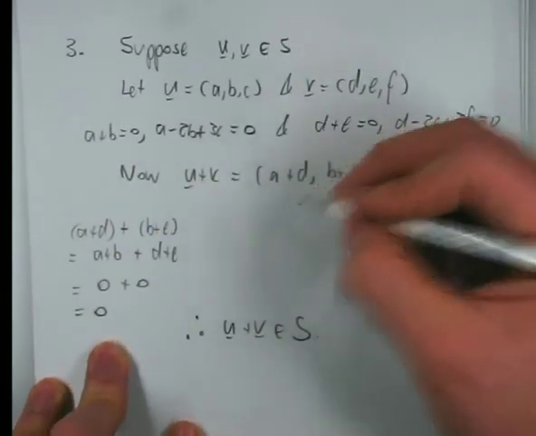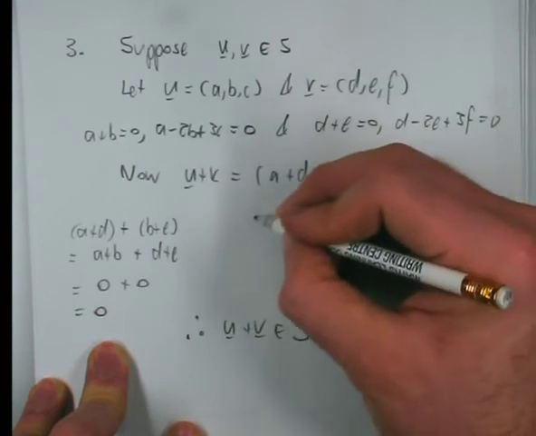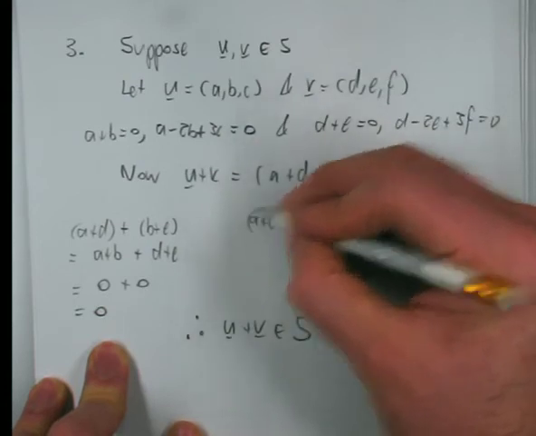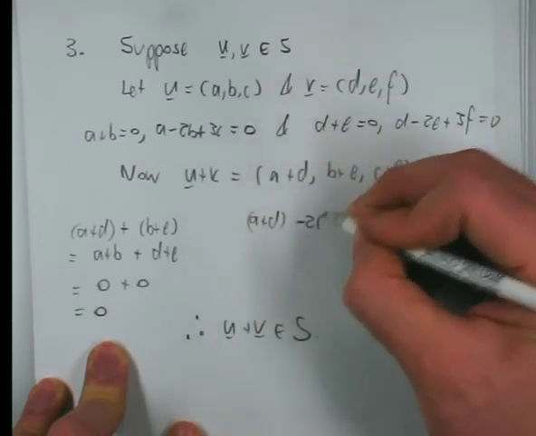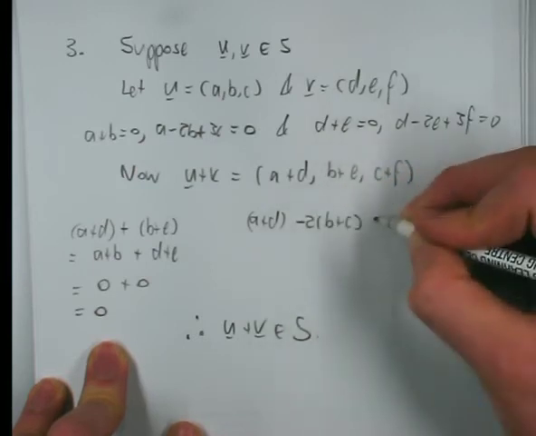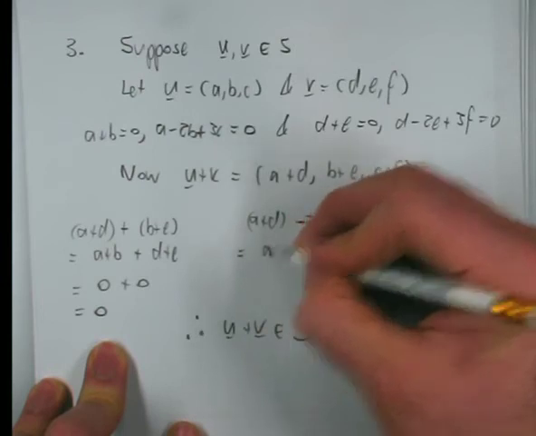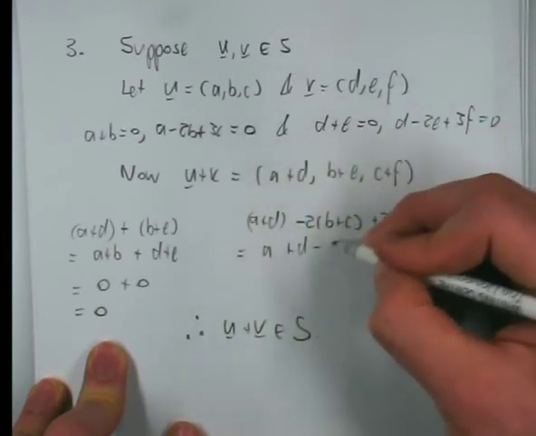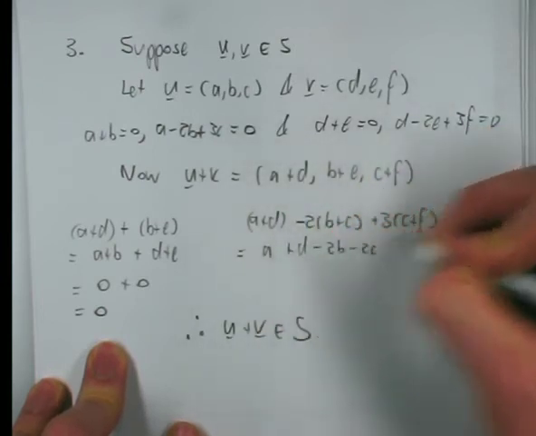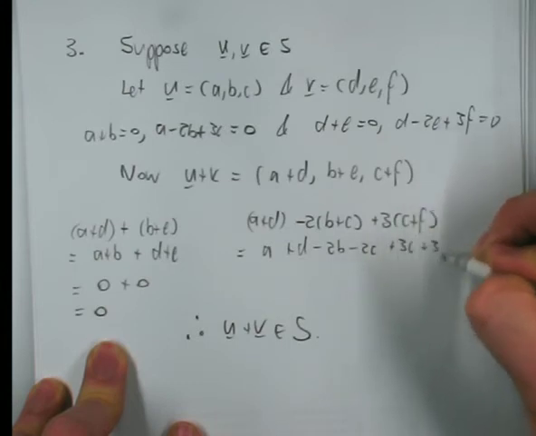And then I can also say the x coordinate minus 2 of the y coordinate plus 3 of the z coordinate. Now if I expand that out, I'll have A plus D minus 2B minus 2E plus 3C plus 3F.